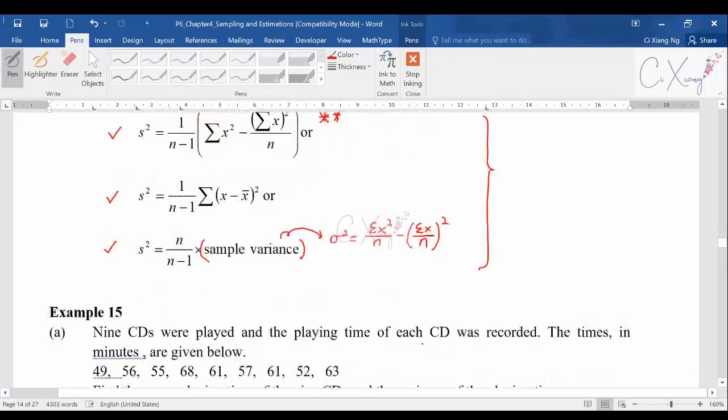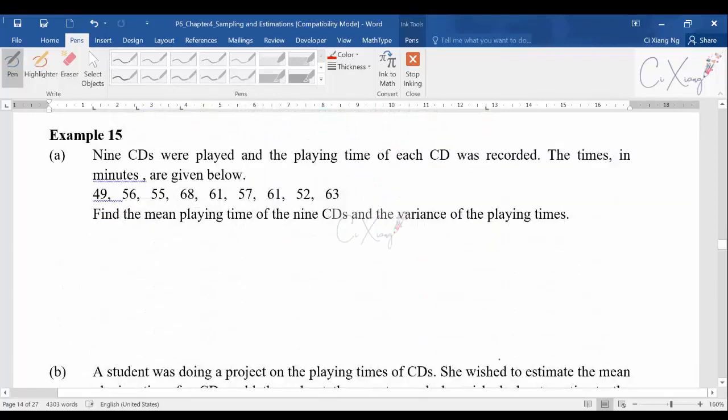All right, so let's have a look at example 15. Example 15 consists of part A and part B. What I want you to do now is pause the video first. Try part A and part B on your own to see what the difference is between these 2 questions, and then continue with the discussion in this video later.